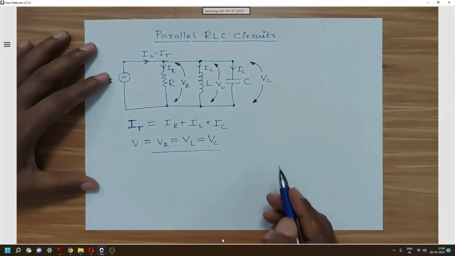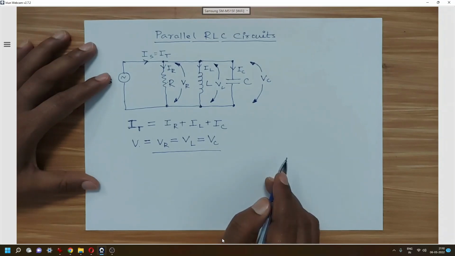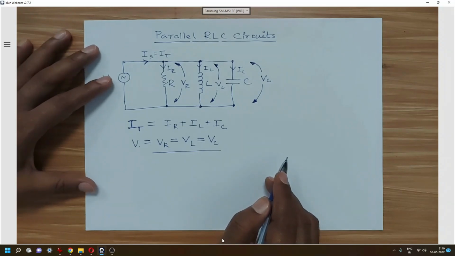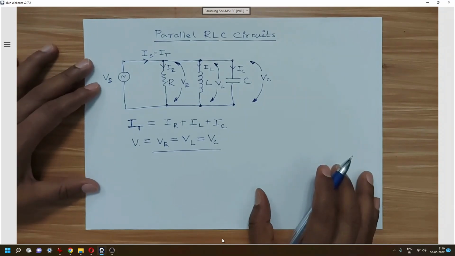So now if we go for the phasor diagram of the parallel RLC circuit, we need to follow the rule for reference phasor. So in the series RLC circuit, if we recall that the reference phasor was the parameter which was common for all the elements.